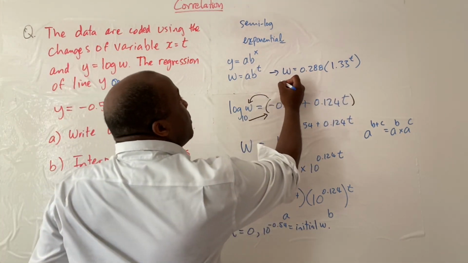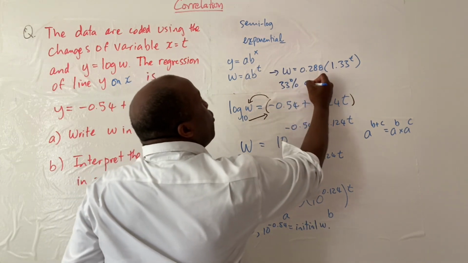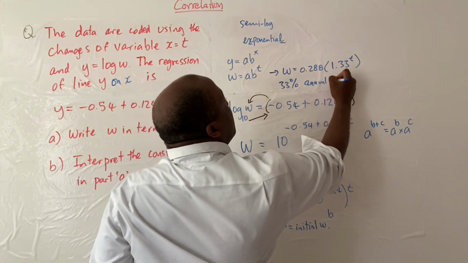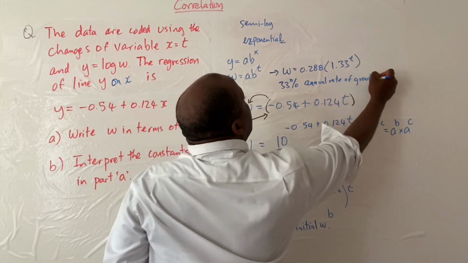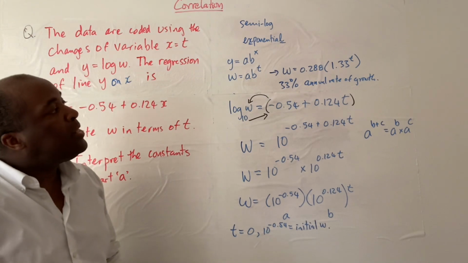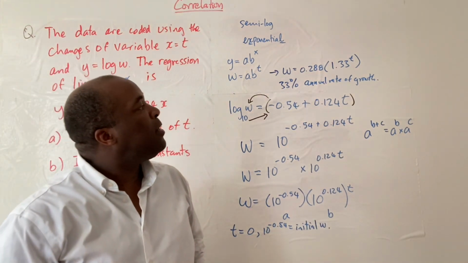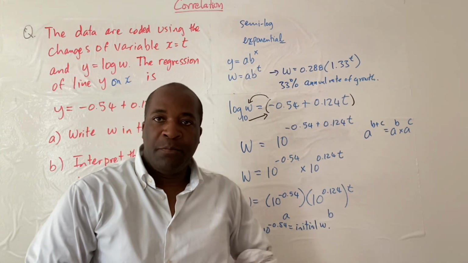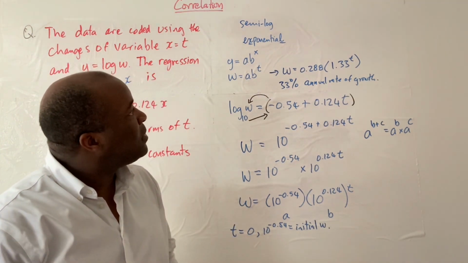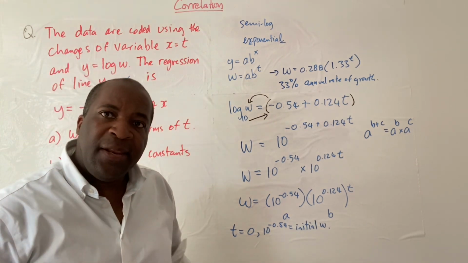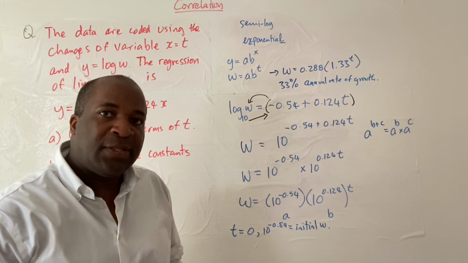So we have 33% as the annual rate of growth. So w has an initial value of 0.288 and it's growing at a rate of 33% each time period. I hope that helps to clarify the techniques and the methods that may be associated with this standard of questions.